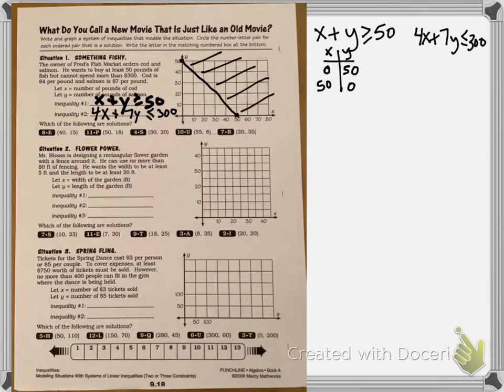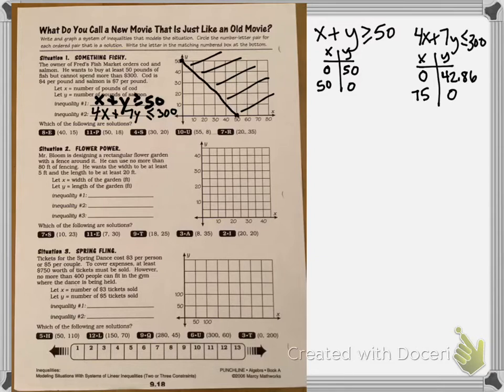Using my x and y intercepts, for my y-intercept, if I plug in x is 0, that gives me 7y less than or equal to 300. Take 300, divide by 7, and you get right around 42.86. Then to find the x-intercept, I'm going to plug in 0 for y. I get 4x less than or equal to 300. Take 300 divided by 4, and you are going to get 75.